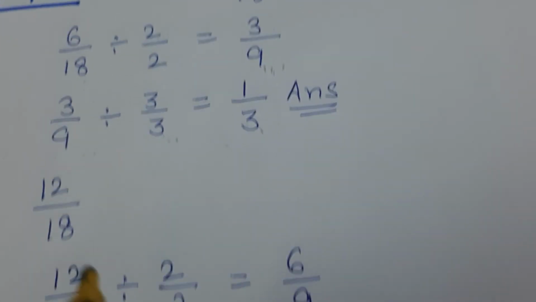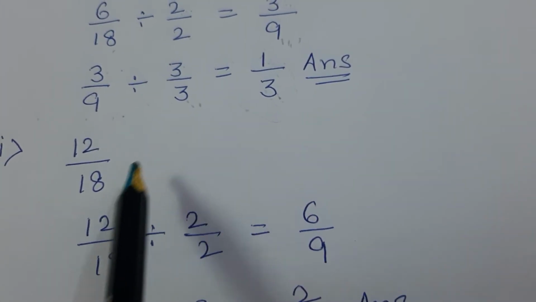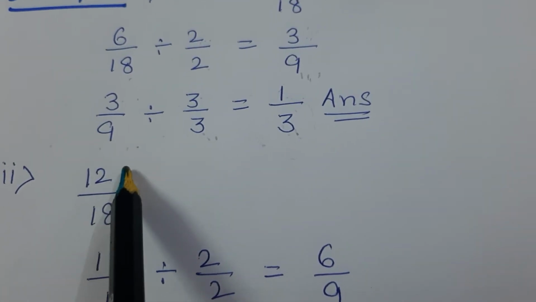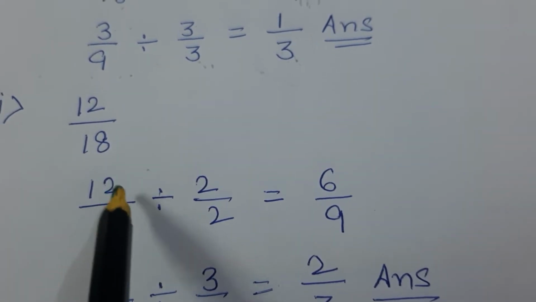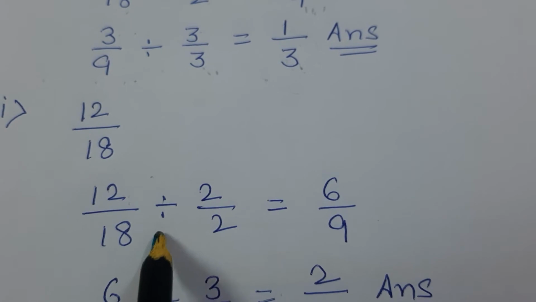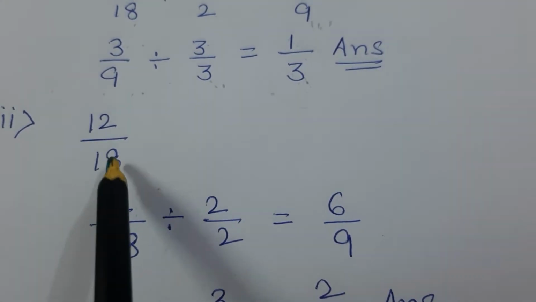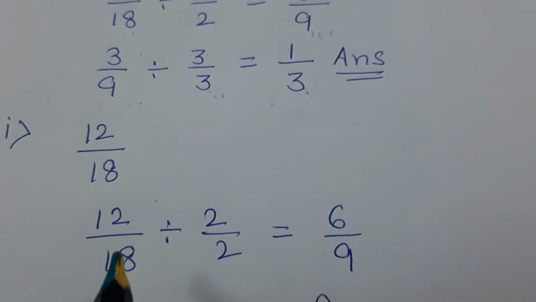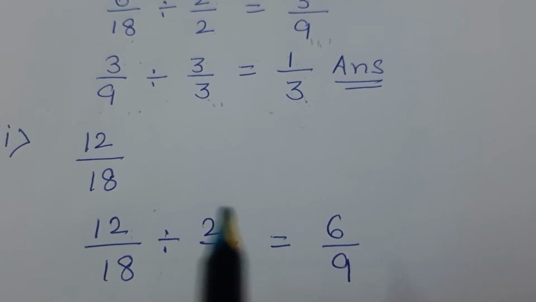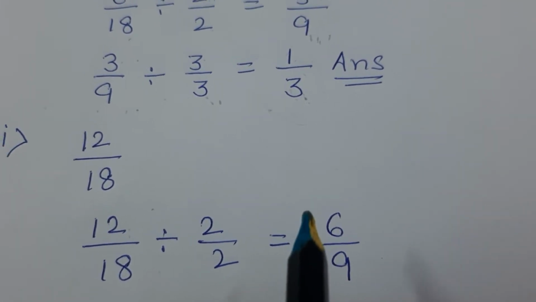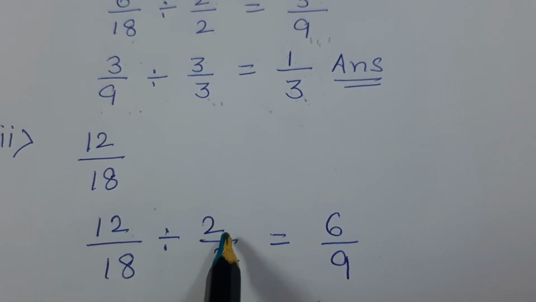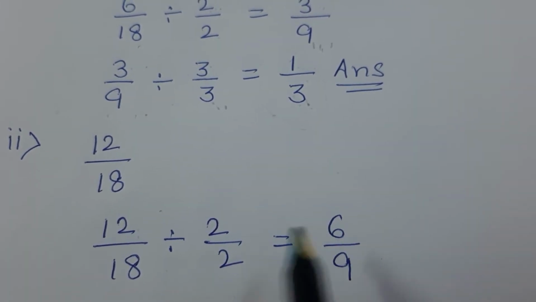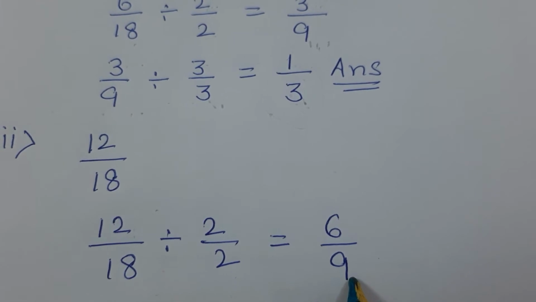Clear? So I am taking one more example: 12 over 18. Again both are even numbers, so both will be divided by 2, because all even numbers are divisible by 2. In 2's table 2 6s are 12, so 6; 2 9s are 18.